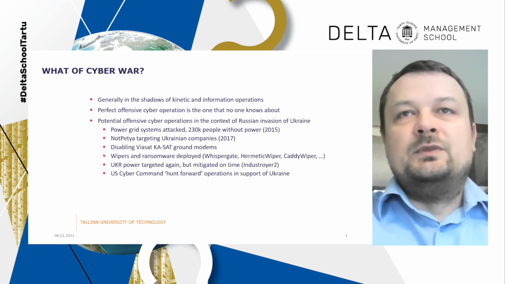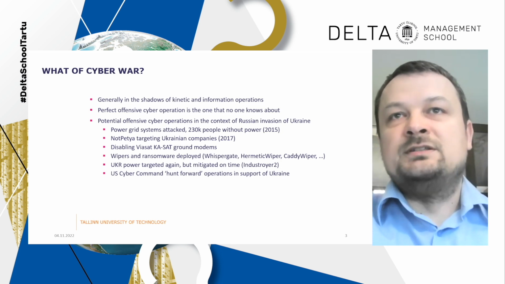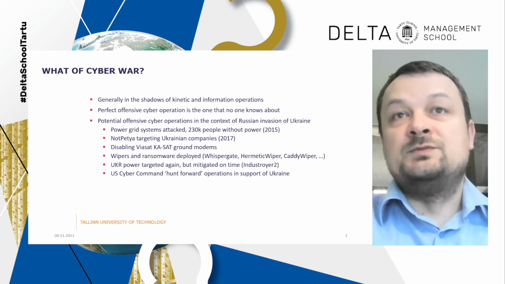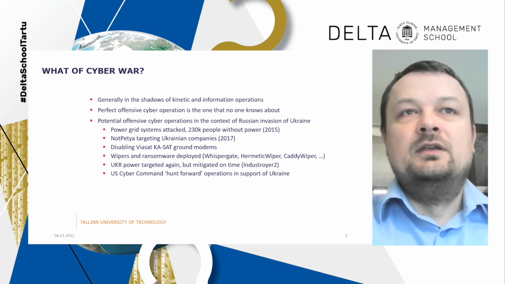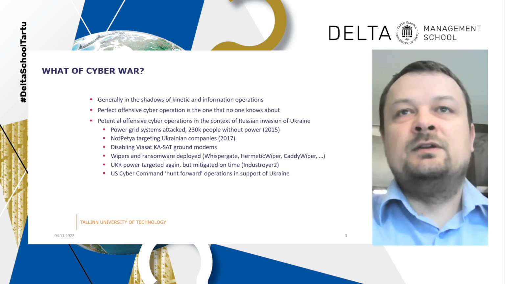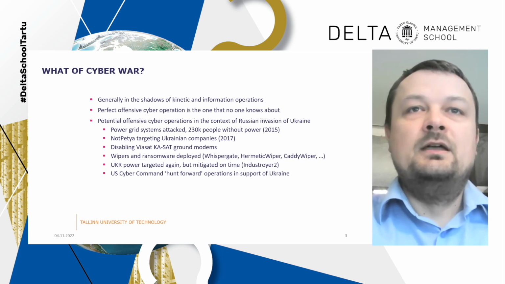Now, if we look at the Russian invasion of Ukraine, it gives us plenty of examples of how cyber has been used or is being used in the context of armed conflicts. Even before the recent hot phase, which started in February, there had been significant cyber attacks against the Ukrainian infrastructure. So power infrastructure is the most famous case in 2015.